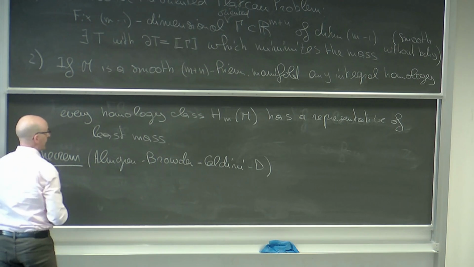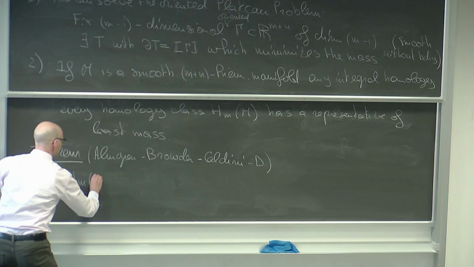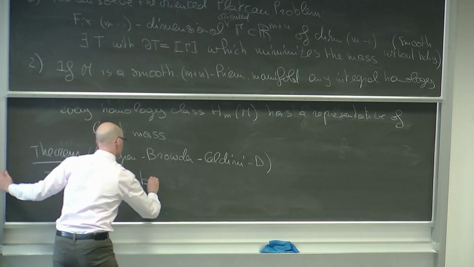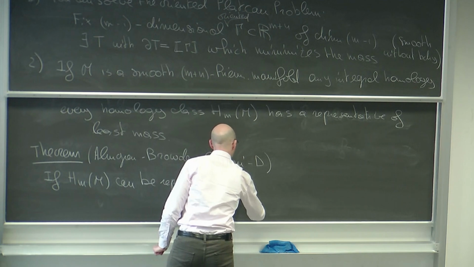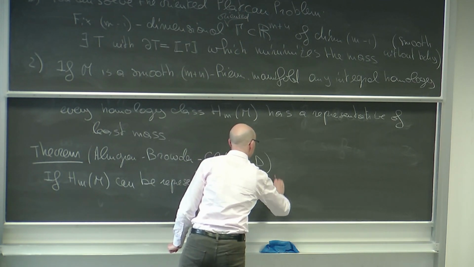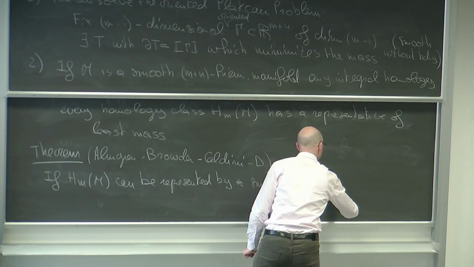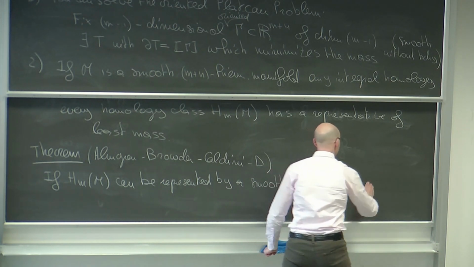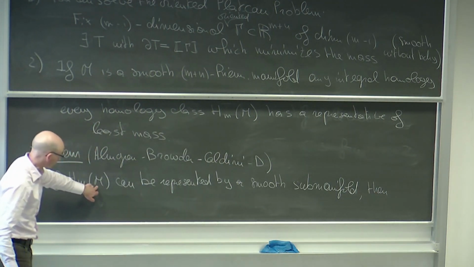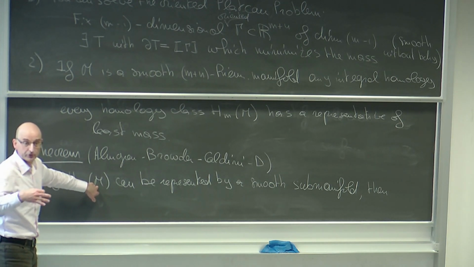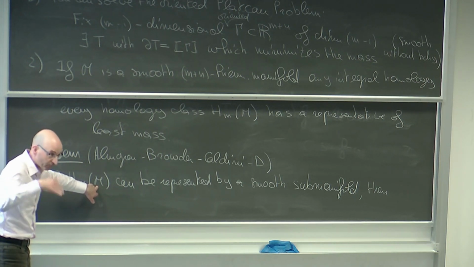So the theorem says that if, say, this class Hm of M can be represented by a smooth submanifold, then any integral current which is representing this homology class can be approximated by smooth submanifolds whose area is converging to the area.